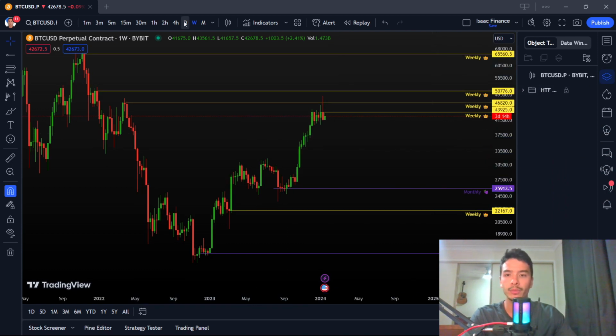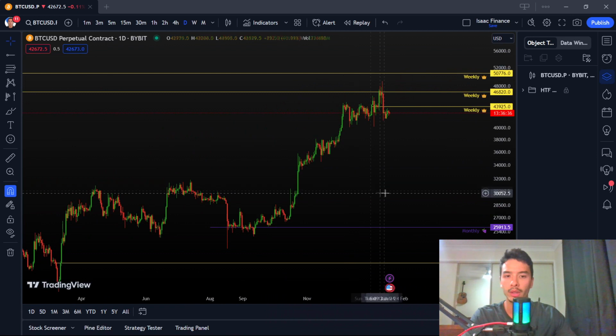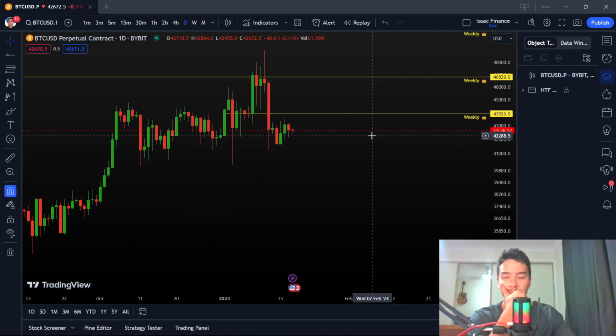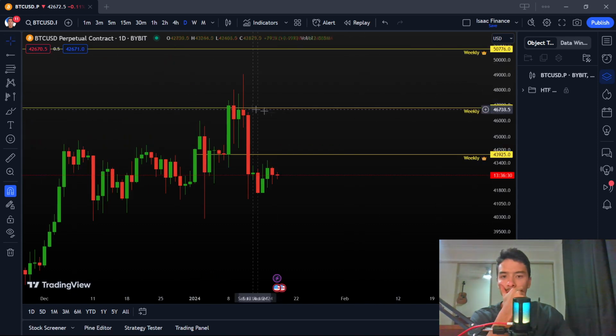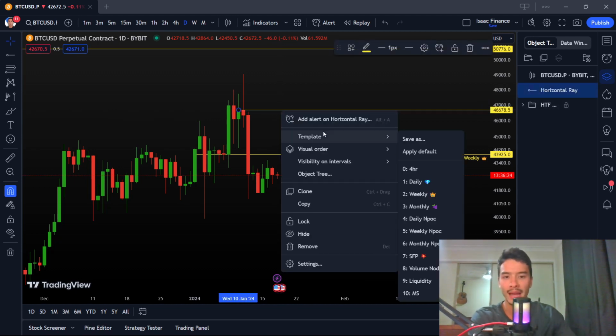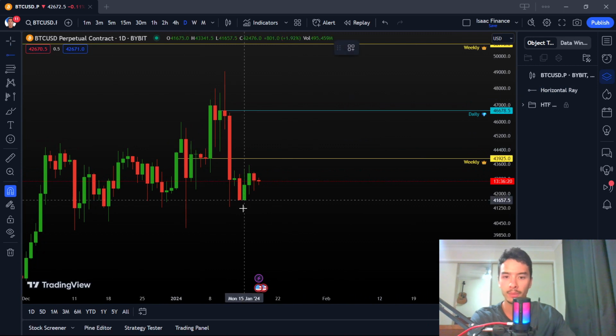Then from there, we'll move down to the daily levels, okay? So daily, we're looking much closer into the price action. So we're going to be looking over here. So as you can see, we've got one that's right there. So we can remove that weekly level here since that was already tapped. And this one has our level. So we've got a daily there.